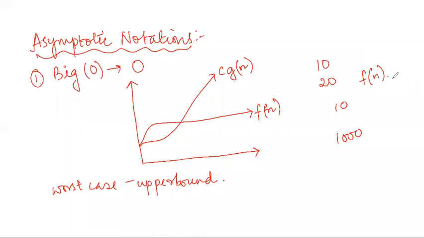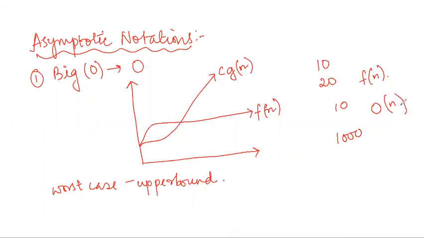Even if it is described as a function of n, if this can be described as an order, we say that this is the order of n. So this factor, order of n, is known as big O notation. The O in big O stands for order of.